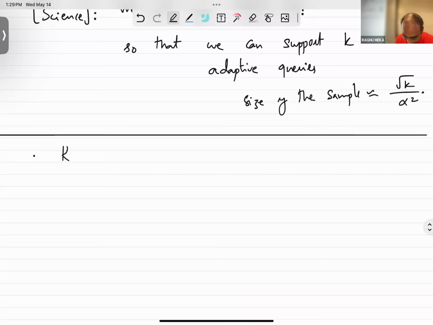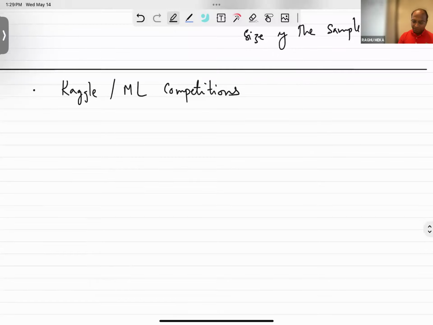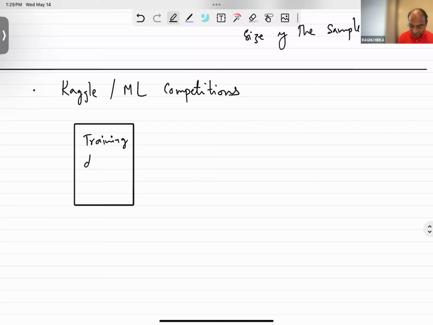And another application along a very similar theme showed up in Kaggle competitions. So in these ML competitions, typically what you have is some training data set that is released to everybody. Okay. And then you had some evaluation data set.